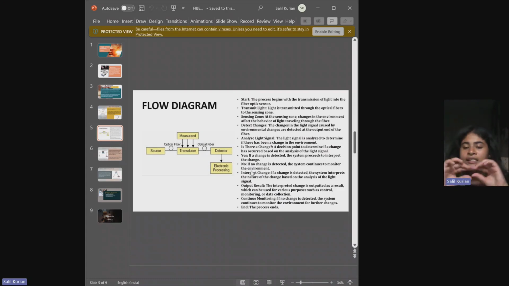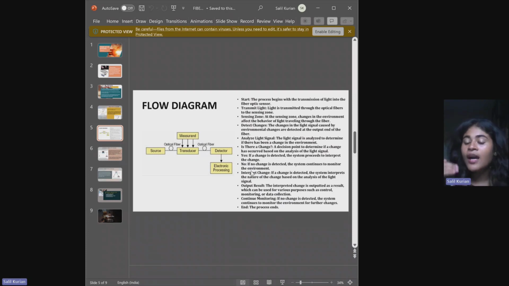then what happens? It is in a steady state. That is, there is no change. The physical parameter we get in has nothing to do with changing or processing. So the first thing is, if there's a change detected, we will send it for modulation. The transmitted signal will come back to the receiver.